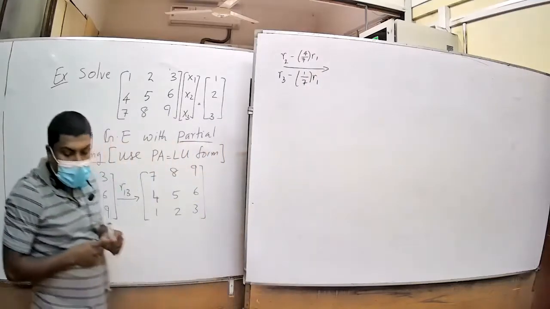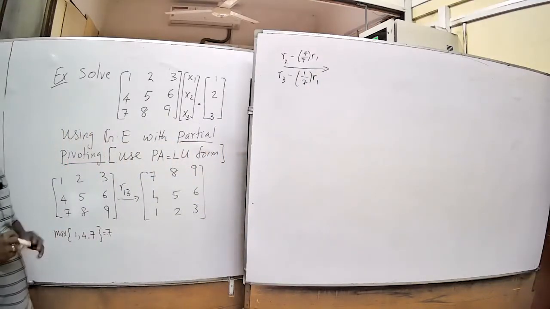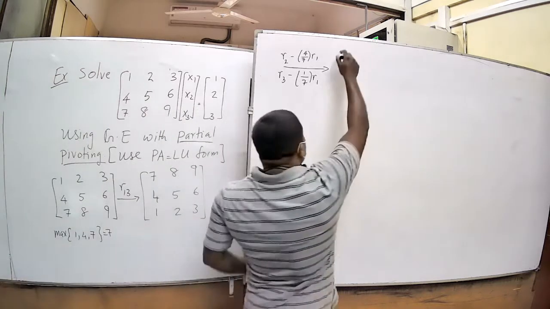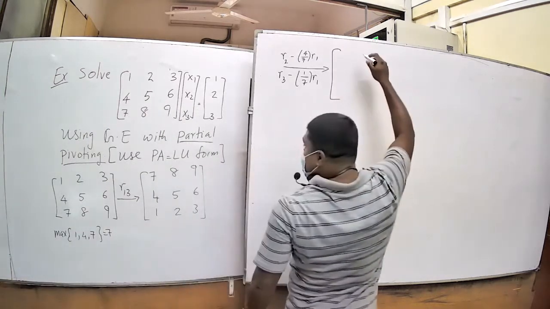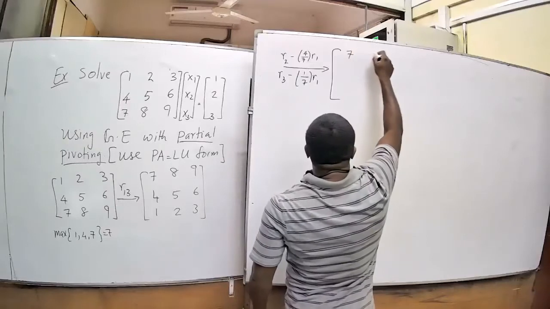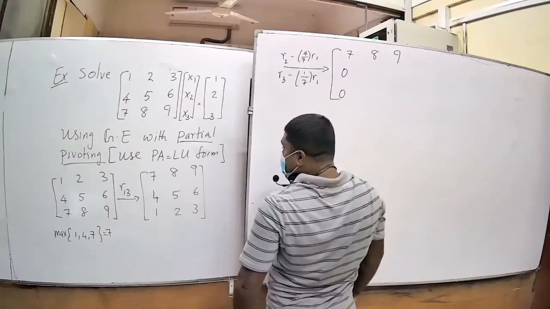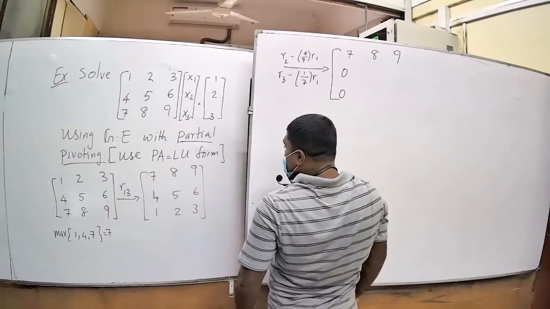So what you do is you subtract R1 times 4 upon 7 from R2 and R1 times 1 upon 7 from R3. When you do that, you get the elimination done. So that turns out to be 7, 8, 9. This turned out to be 0, 0, 0.